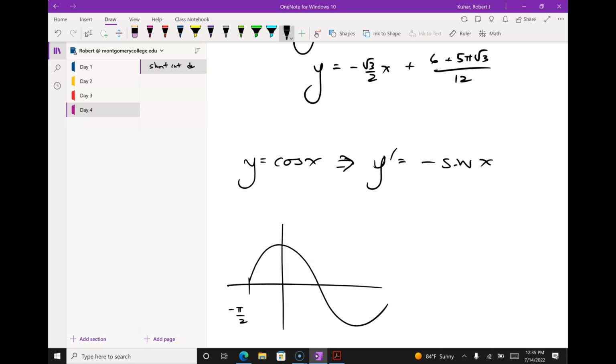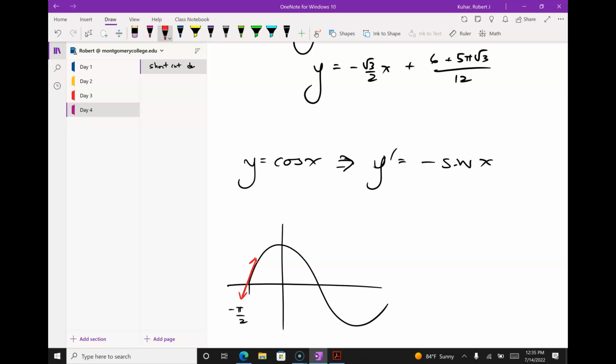Of course, you already know what the slope is there, don't you? What is it? 1. Because it's just the sine curve moved over, right? We know what the slope of the sine curve is at 0. It's 1. So if I move the sine curve over, I get the cosine curve, right?